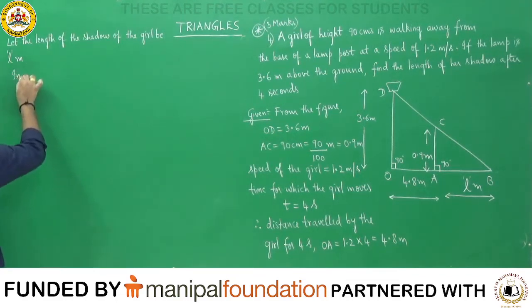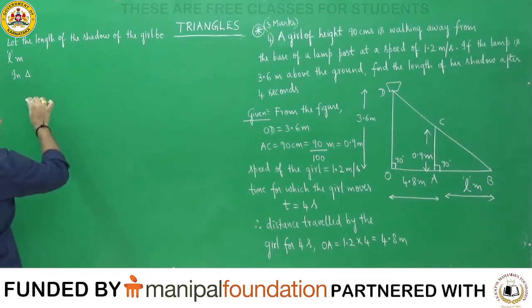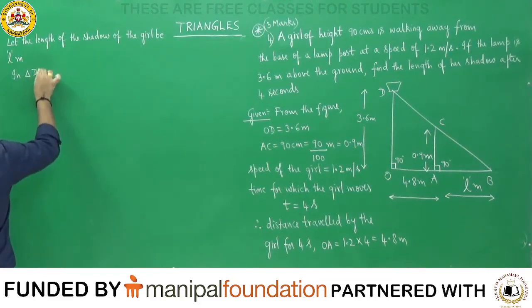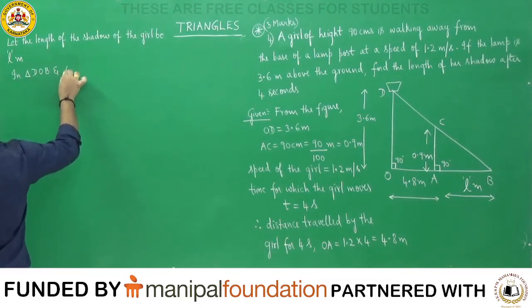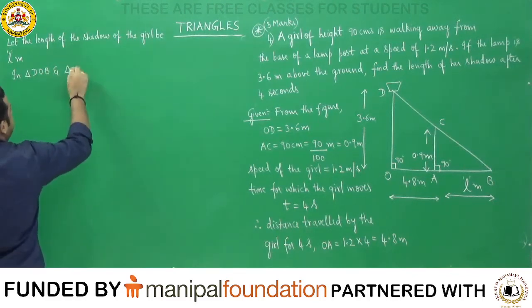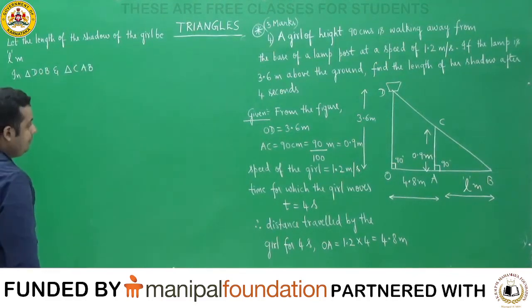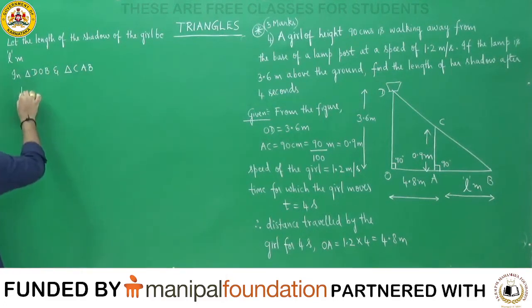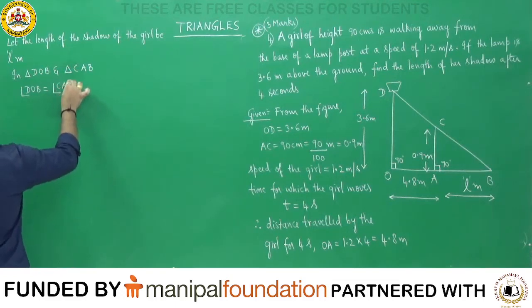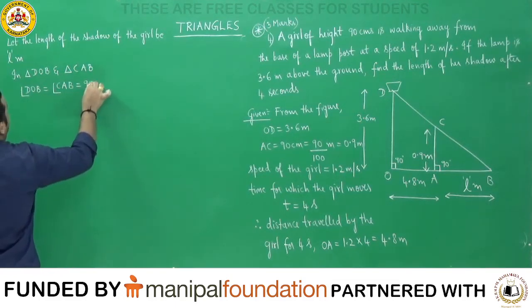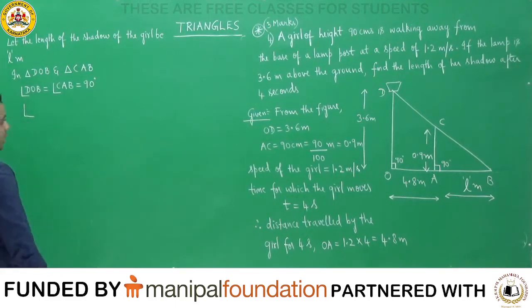Now look here, in triangle DOB and triangle CAB, angle DOB is equal to angle CAB, which is equal to 90 degrees.